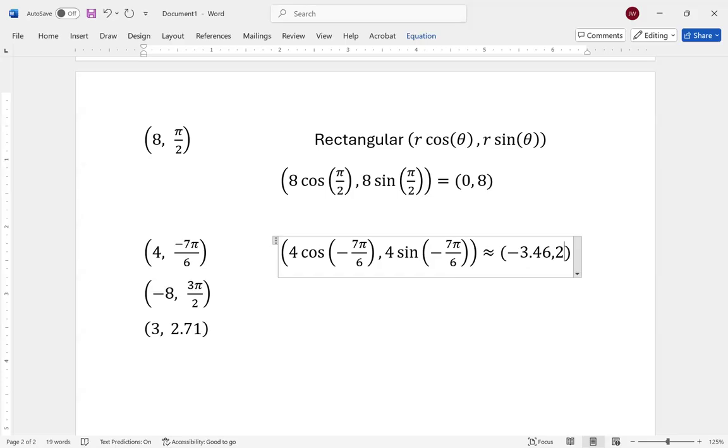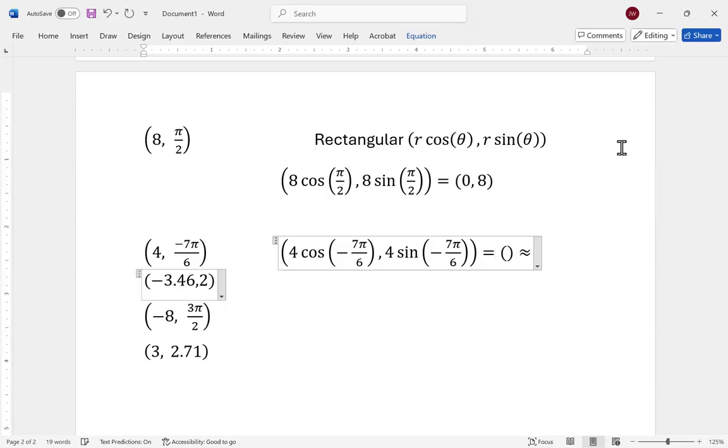You could, if you looked on the unit circle, get the exact value if you wanted. On the unit circle, I believe you would end up with root 3 over 2. I'm sorry, not 2, negative 2 times the square root of 3 as your x value. And then obviously 2 is your y value.